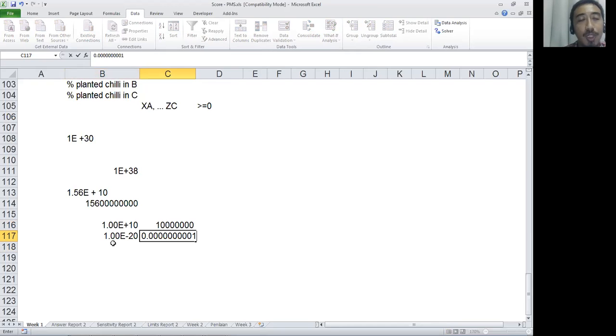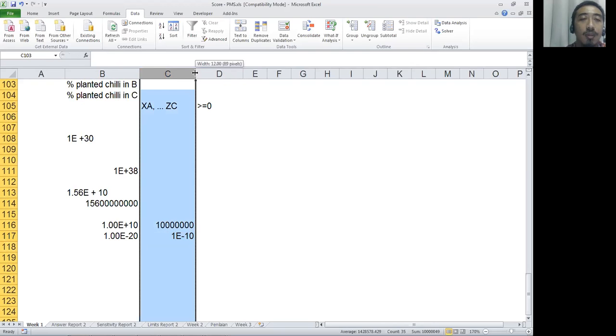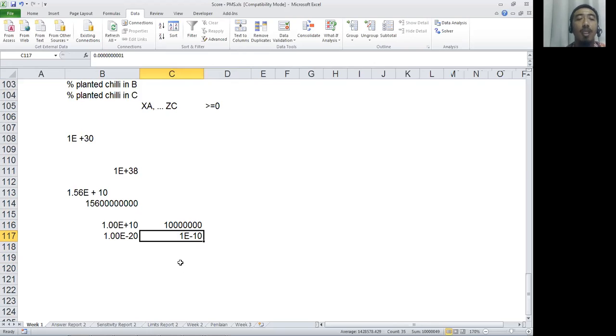Sometimes Excel cannot get exactly 0, so it puts it this way. It is so small that we can say 0. So don't worry if you see this, it means 0 in any condition. Okay, good. Any other question?